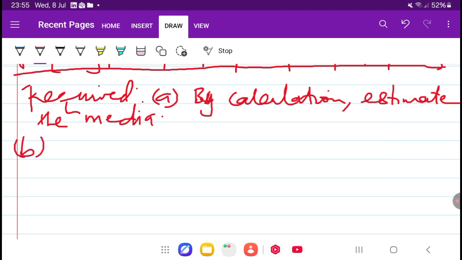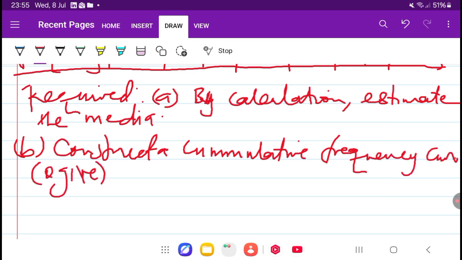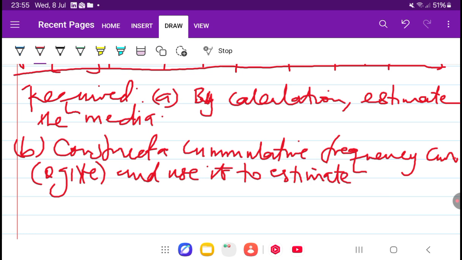Then part B says construct a cumulative frequency curve, what you call the ogive, and use it to estimate the median.